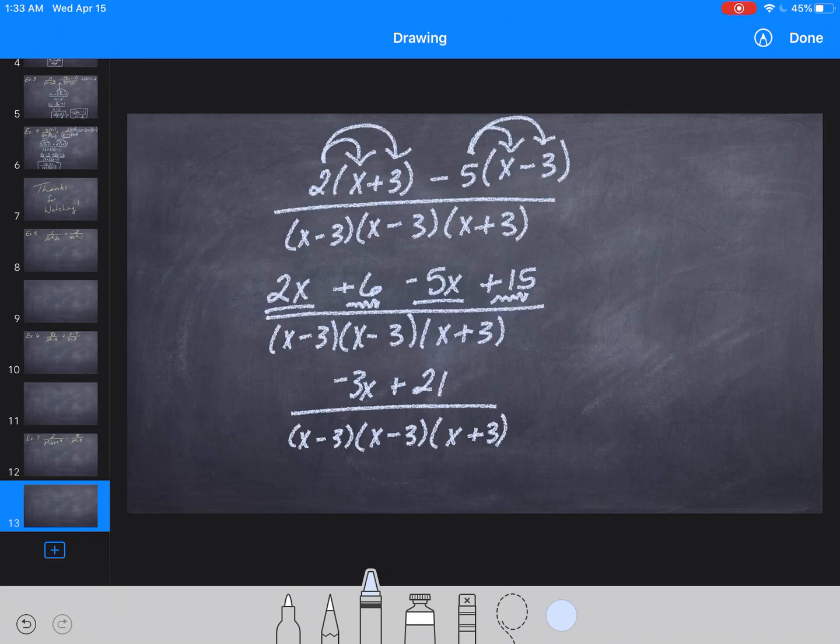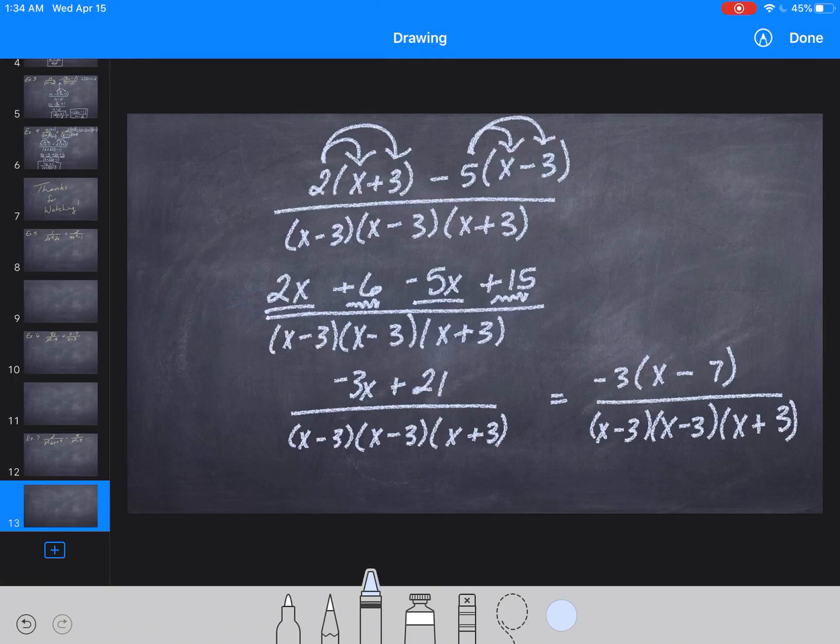And I look at that and I can tell that I have a greatest common factor of a negative 3. So I'm going to go ahead and factor out a negative 3. I have negative 3 parentheses x minus 7. And now it's all over x minus 3, x minus 3, x plus 3.